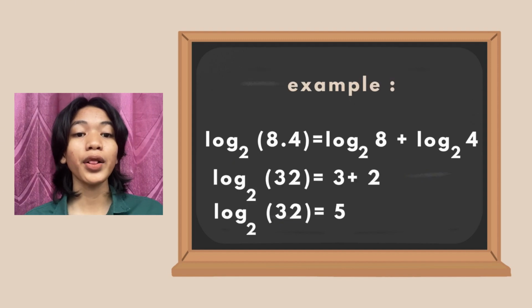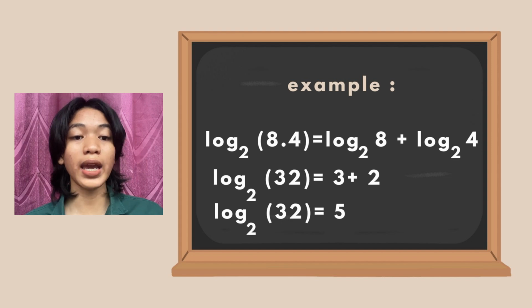Example, log base 2 of 8 times 4 equals log base 2 of 8 plus log base 2 of 4. Log base 2 of 32 equals 3 plus 2. So we have log base 2 of 32 equals 5.